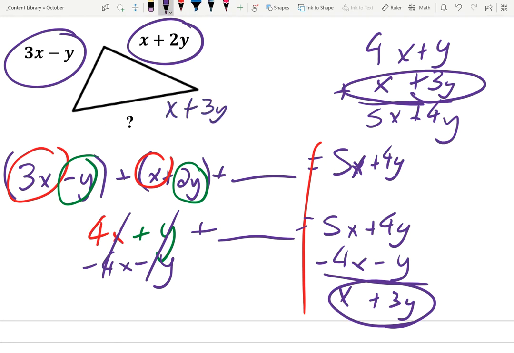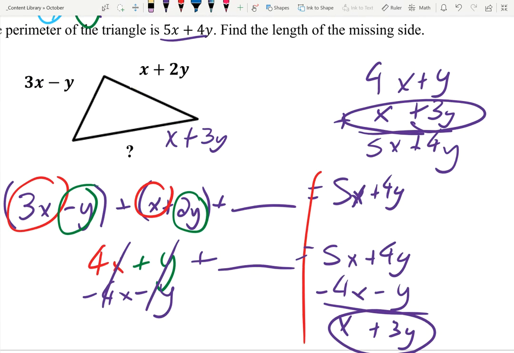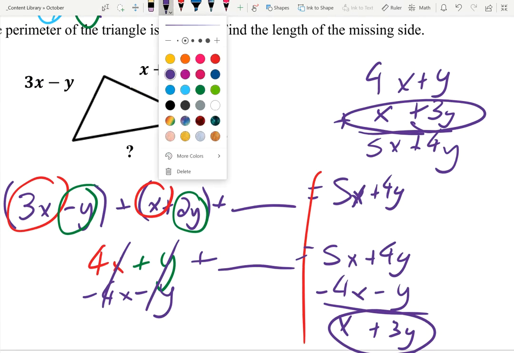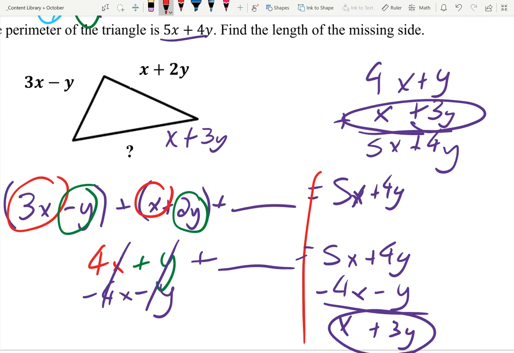And if you want to double check just to make sure, add them all up and see what you get. So add your like terms. For example, 3x plus x plus x, 3 plus 1 makes 5x. And then also we can look at the y's.